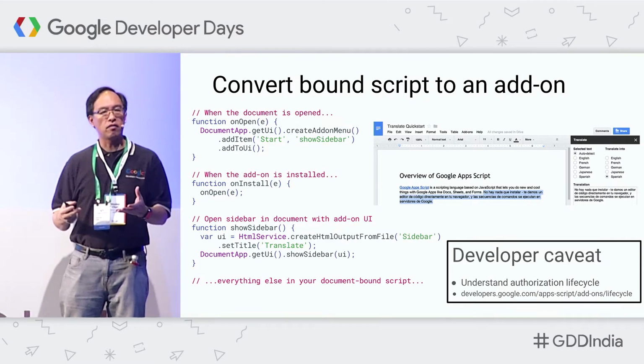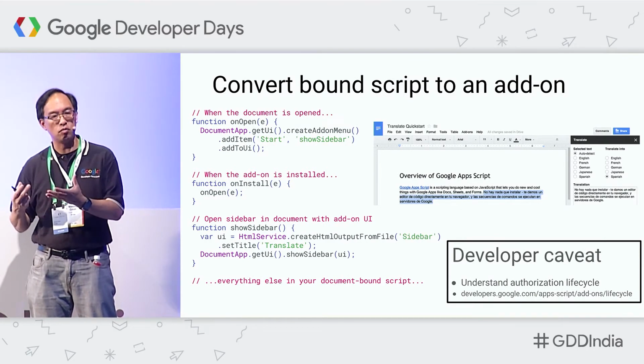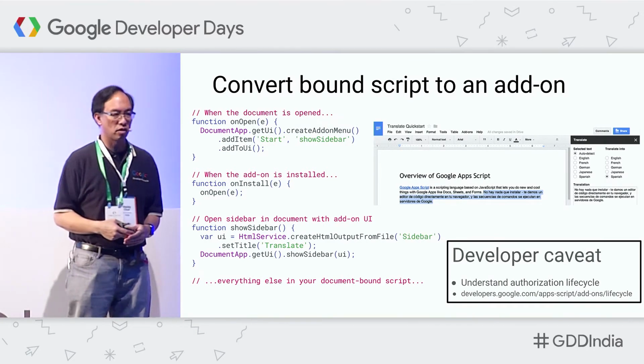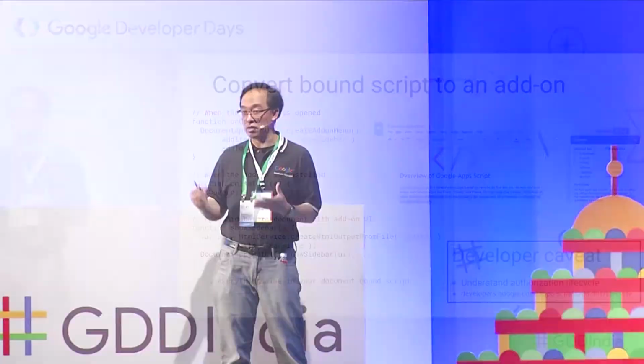You have to wait for the user to opt in to using this particular add-on. Just because it's installed doesn't mean that it's been enabled for usage. So if you are going to be creating lots of add-ons, just learn the life cycle well so you understand what things your script can and cannot do and at which times. That's pretty important to know.